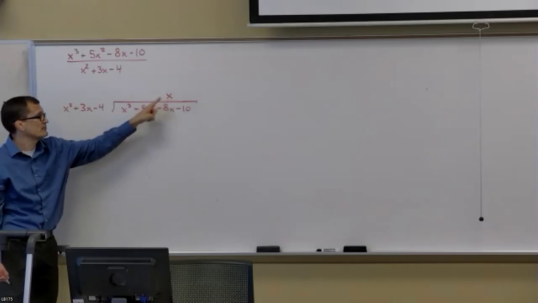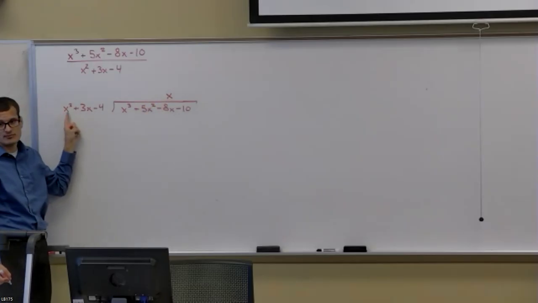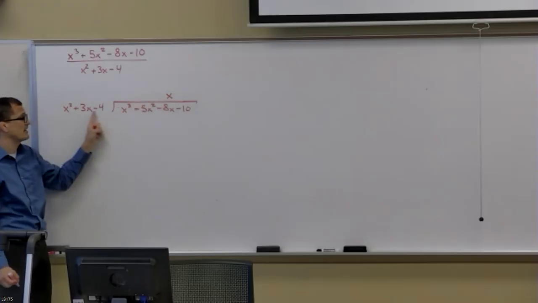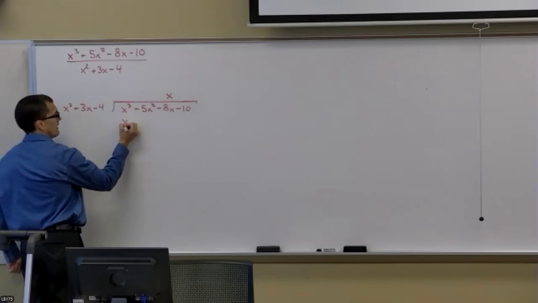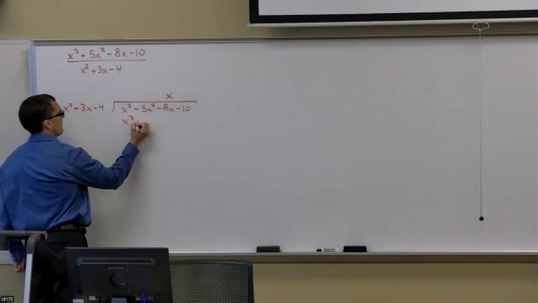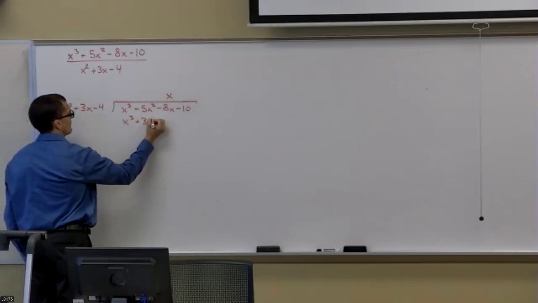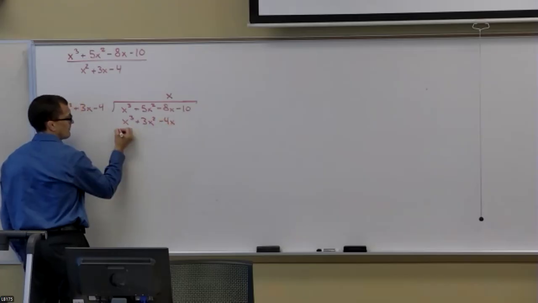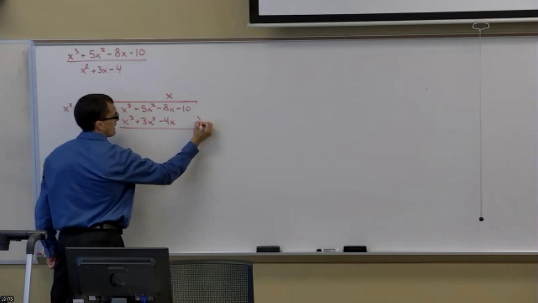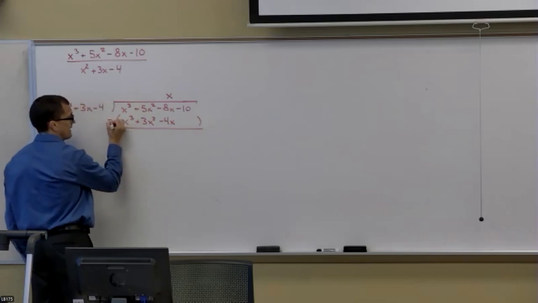Now you don't take the x just by the lead term. You have to take the x times the entire divisor and write it underneath: x to the third plus 3x squared minus 4x. And then I subtract that.